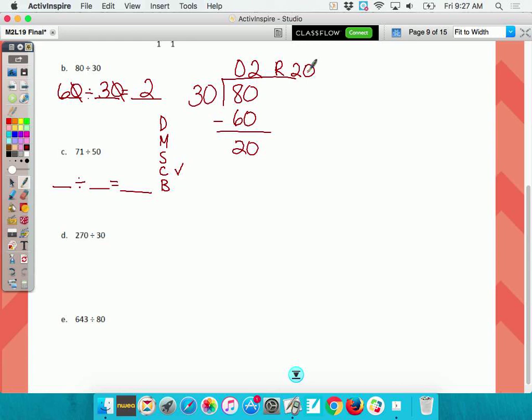All right, so now that we know the remainder's less than the divisor, let's multiply to make sure we got the right answer. Daniela, what do I multiply? Would it help if I highlight? And you could circle with your pencil.